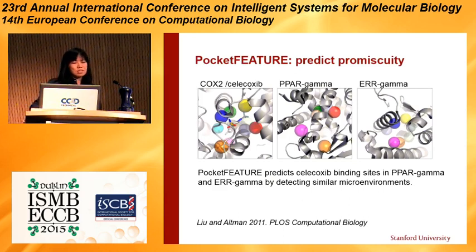Then we look for the similar microenvironment, which here is represented as the colorful spheres. And then we identify the similar environments, then we add them together so that we are able to rank the 2,000 human proteins to calculate a potential of binding to celecoxib. So conceptually, we're able to generate a profile of each drug against the 2,000 human proteins.